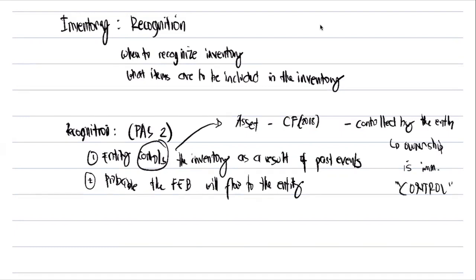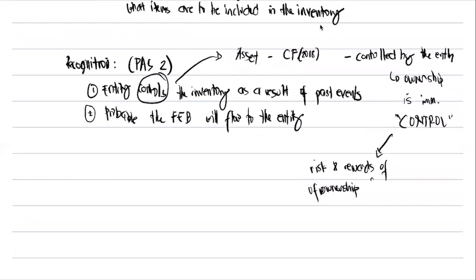But when can we say that there is control over your inventory? If the risks and rewards of ownership flow through the entity.